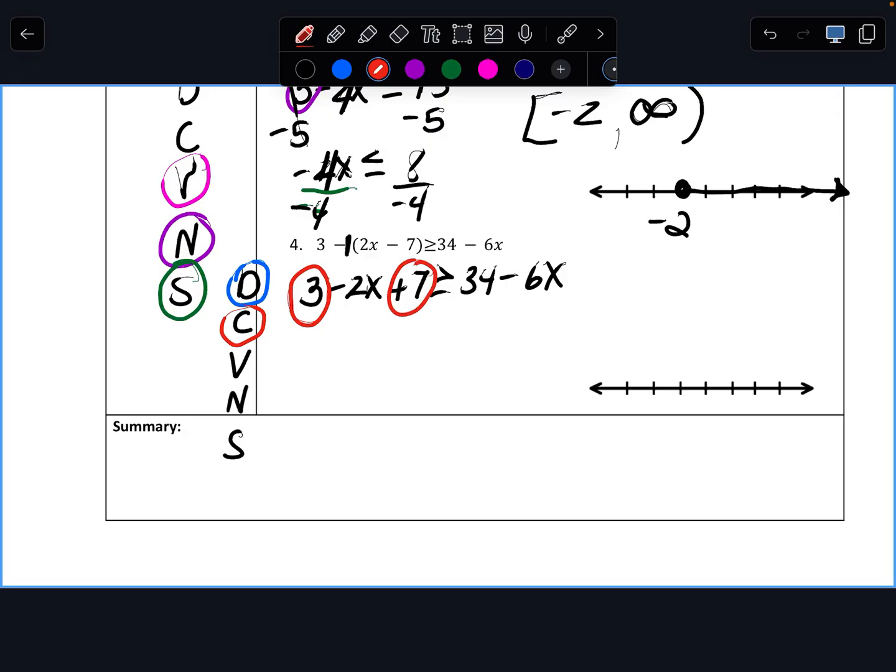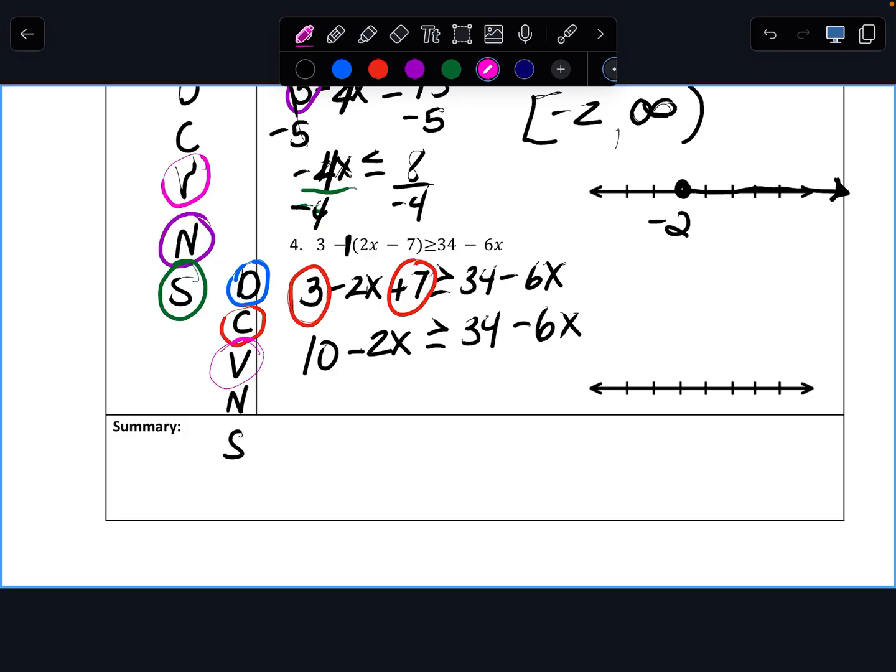Remember, combine like terms is either on the left side of the inequality sign or the right side. So 3 plus 7 is 10. Minus 2x greater than or equal to 34 minus 6x. Wonderful. Now, do I have a variable on both sides? Yes, I do.